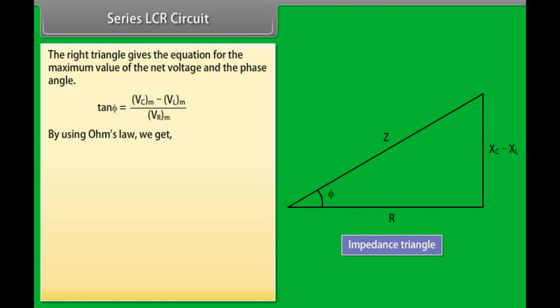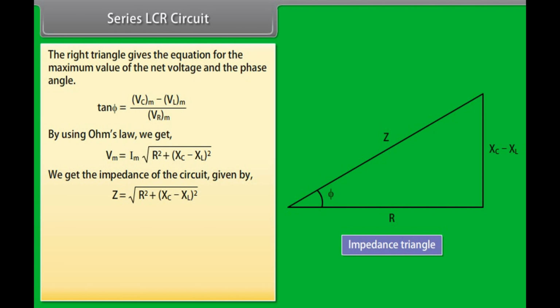By using Ohm's law, we get Vm = Im × √(R² + (XC − XL)²). We get the impedance of the circuit given by Z = √(R² + (XC − XL)²).